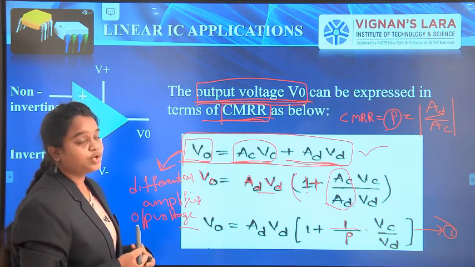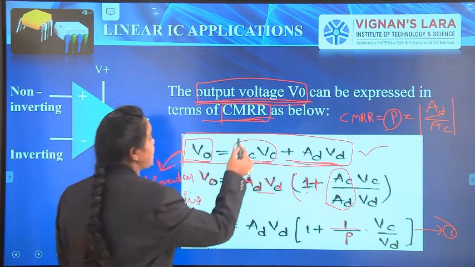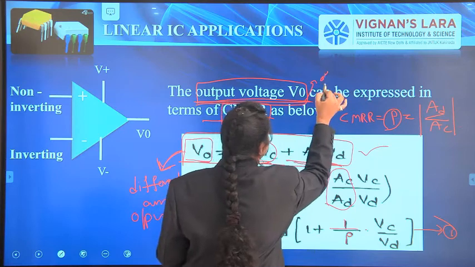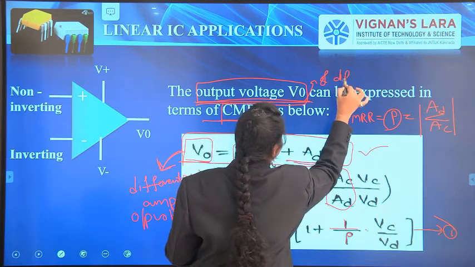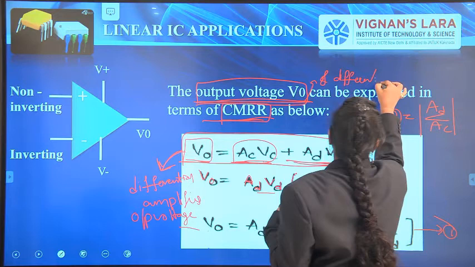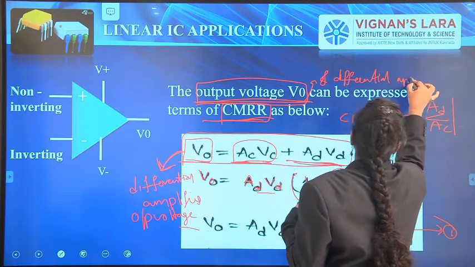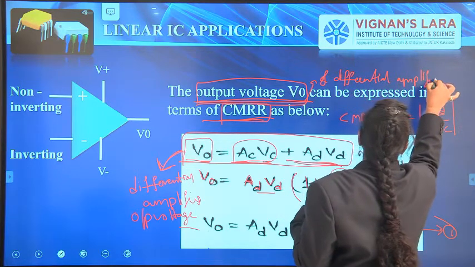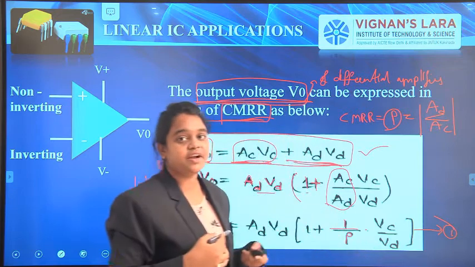This is the derivation of the output voltage of a differential amplifier. In yesterday's class, we already derived this. You already know what is meant by a differential amplifier. What are the operations of a differential amplifier?